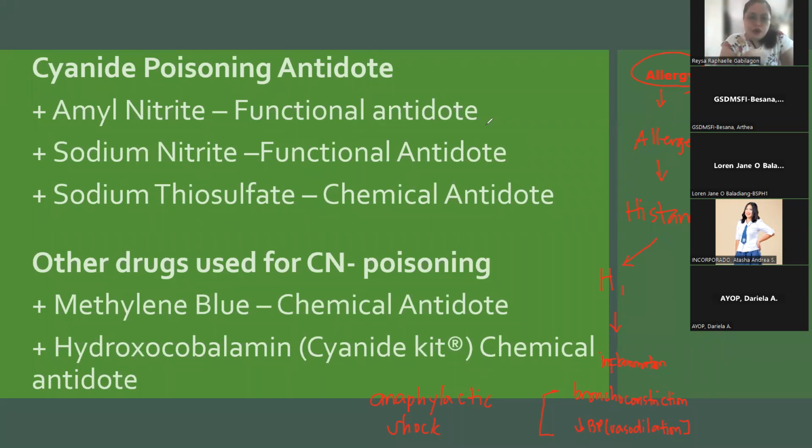Mag-constrict yung bronchioles. What do you mean by bronchioles? It's our airway. Diyan dumadaan yung hangin papunta sa lungs. Now, if it is constricted, syempre, mahihirapan tayong huminga. Okay? Tapos, it will cause sudden drop in the blood pressure. That's what we call shock. Because of the vasodilation.